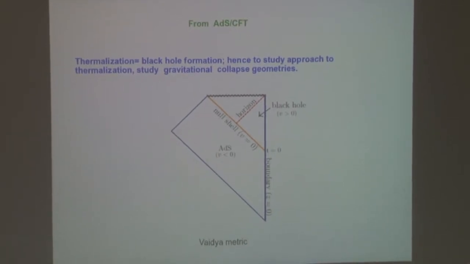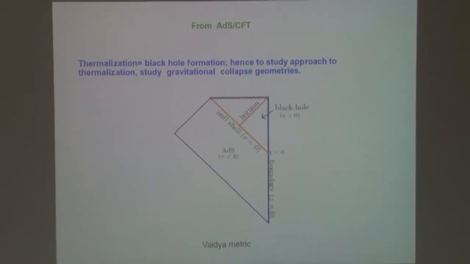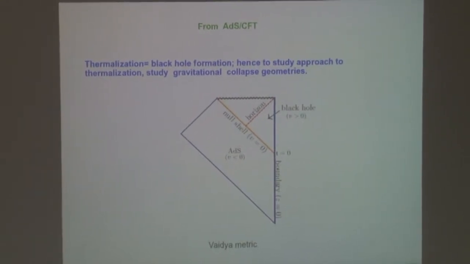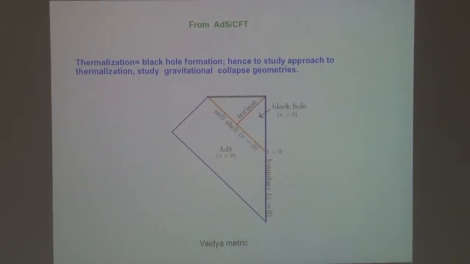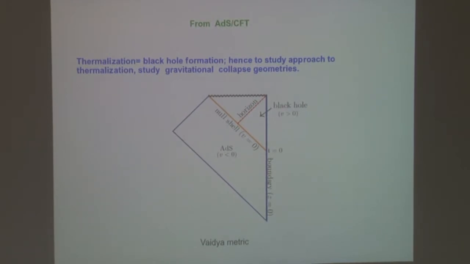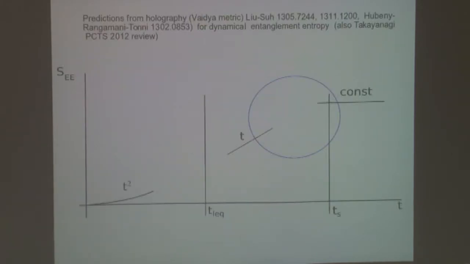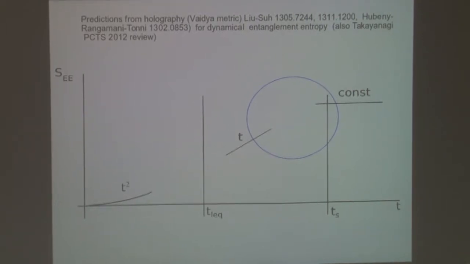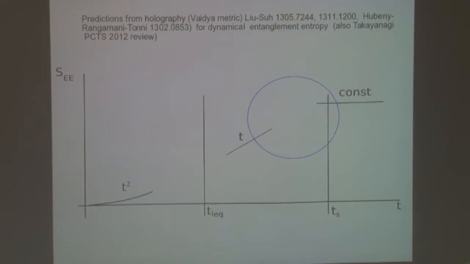It could be infinitesimally thick, it could have some thickness, and this of course is the space-time of the Vaidya metric, and people have tried to see what kind of universalities it implies.